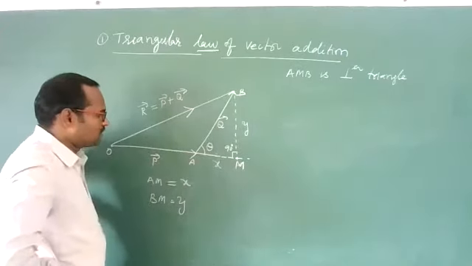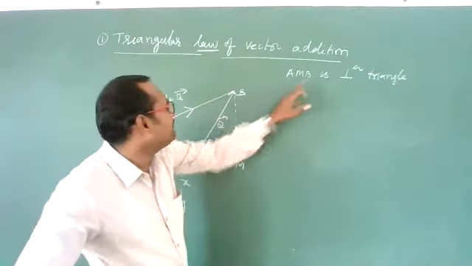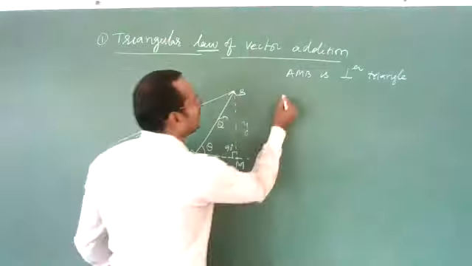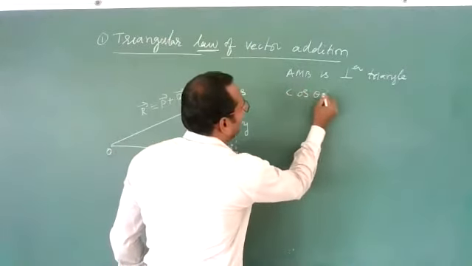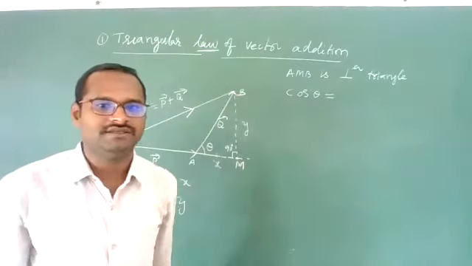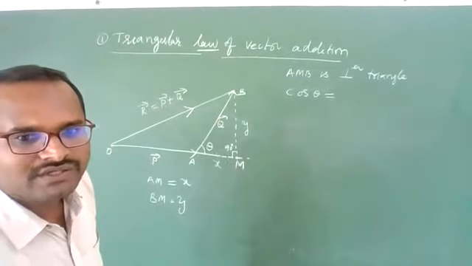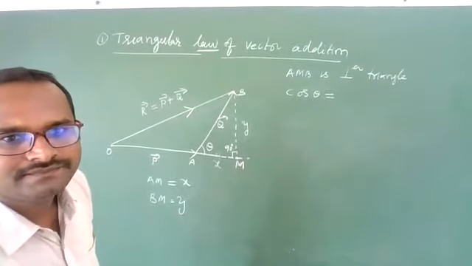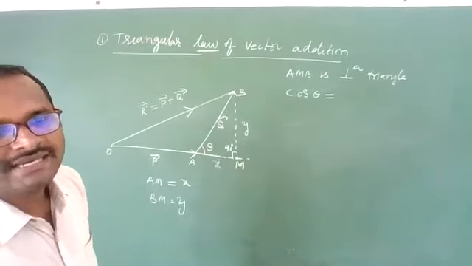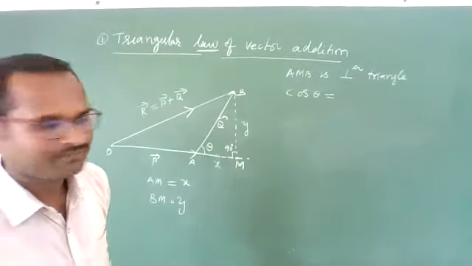Students, we want the x value. Now, from this AMB right angle triangle, take cos theta. What is cos theta? Cos theta is nothing but trigonometry, B by H. Yes, cos theta is adjacent side by hypotenuse.